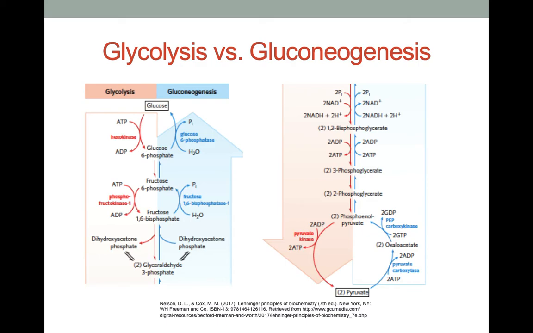So 7 of the 10 enzymatic reactions of gluconeogenesis are the reverse of the glycolysis reactions. So 7 of them are identical. For example, in this step, we're going to use aldolase to go from glyceraldehyde 3-phosphate and dihydroxyacetone phosphate to fructose 1,6-bisphosphate.